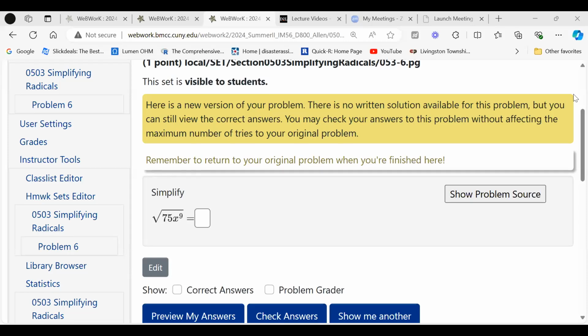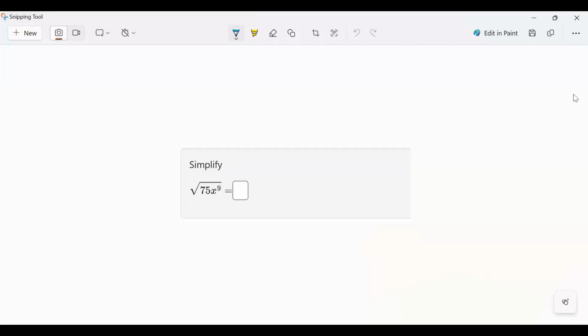This is a square root, meaning we look for the maximum perfect square going into 75. That's going to be 25 and 3. And I'm going to look for the breakdown of x to the 9. It could be broken down as a perfect term, x to the 8, and then x to the 1. X to the 8 is the maximum power we can have, and it's an even power.